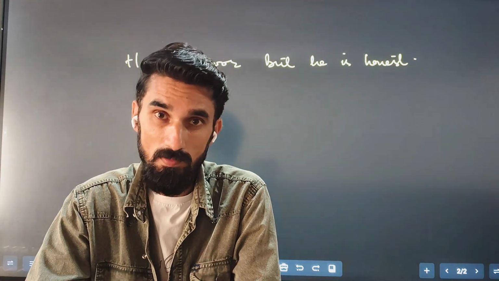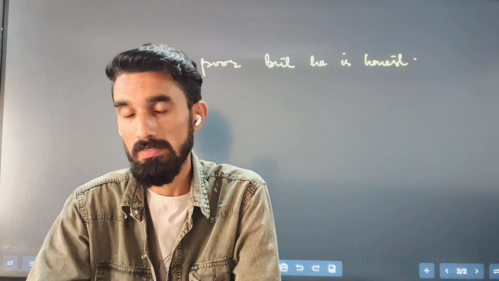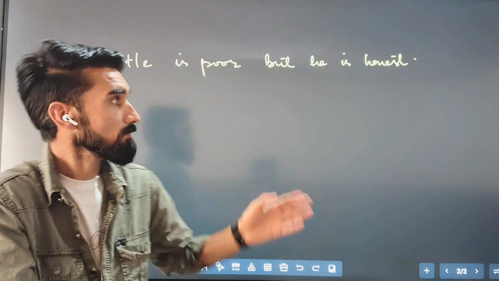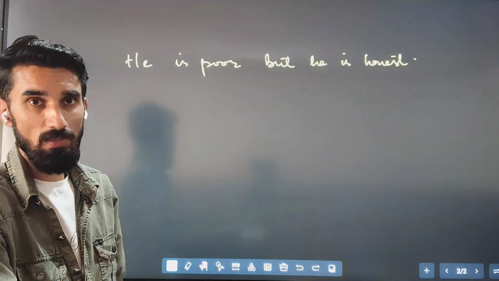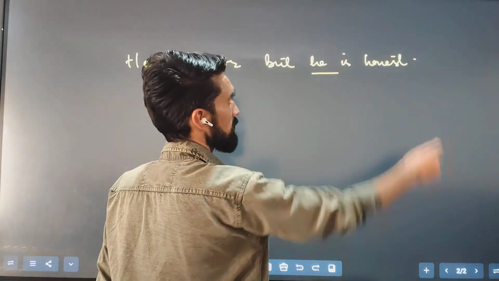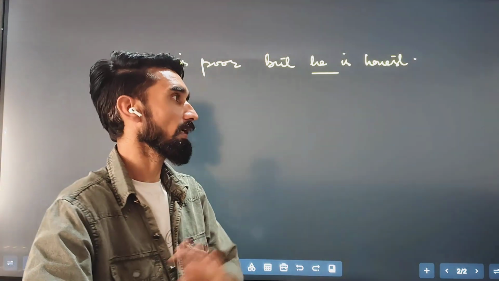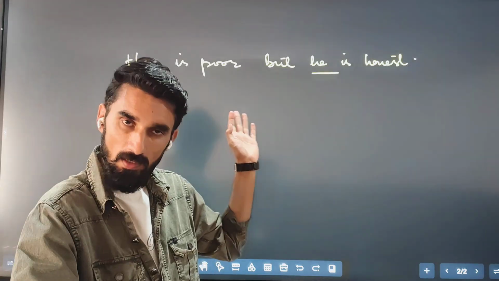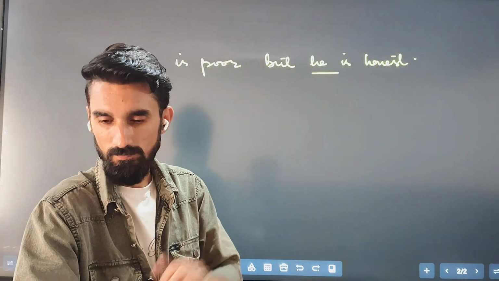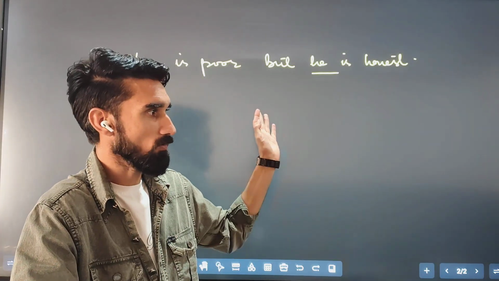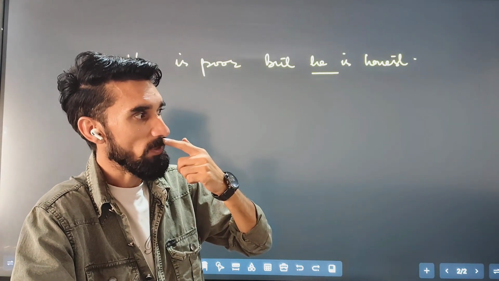You find two clauses there, and both of the clauses are joined by a coordinating conjunction. So it is, of course, a compound sentence. See, he is poor is one clause and he is honest is another clause. Both of the clauses are independent in their meanings. They don't depend upon any other clause to complete the meaning here. So they are both independent clauses and they are joined by a coordinating conjunction.